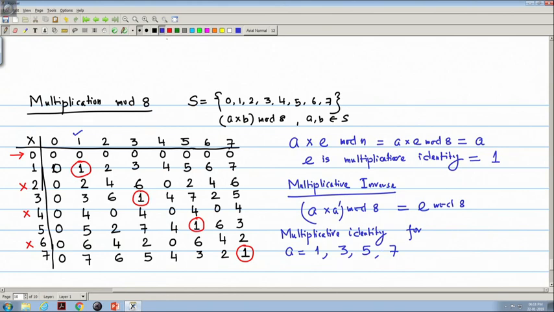I give a tick mark if I get identity and I give a cross if I do not get. So, for A equal to 1, 3, 5, 7 we get it, and we do not get multiplicative identity for A equal to 2, 4, 6.